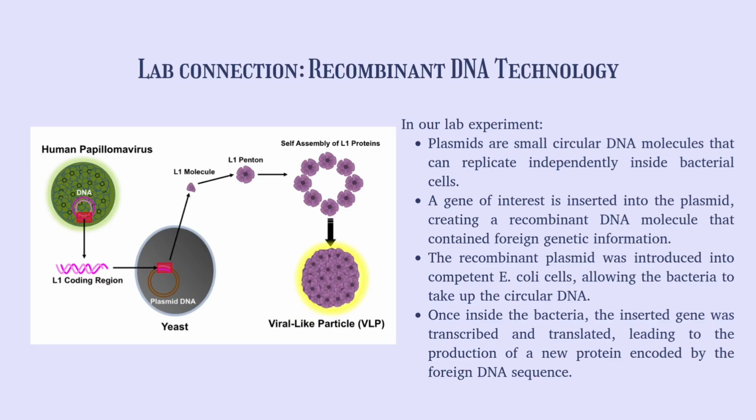The host cells produce large amounts of L1 protein. These proteins spontaneously assemble into virus-like particles, or VLPs. Importantly, these VLPs contain no viral DNA, so they cannot replicate or cause infection. This is recombinant DNA technology applied to real-world medicine.